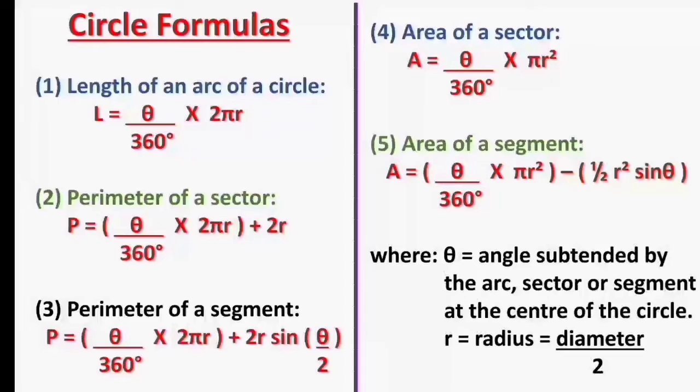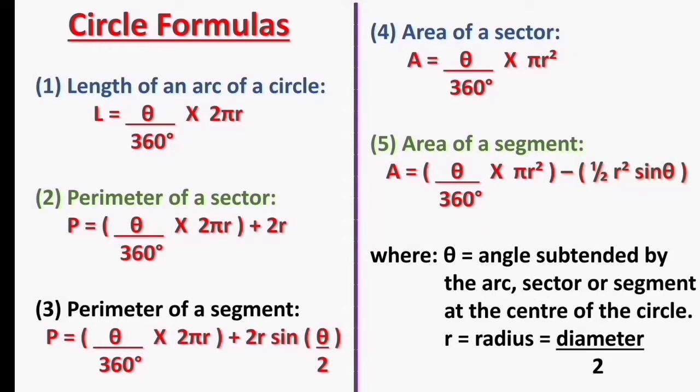In these formulas, theta represents the angle subtended by the arc or the sector or the segment at the center of the circle, while R represents the radius of the circle, which is half of the diameter.